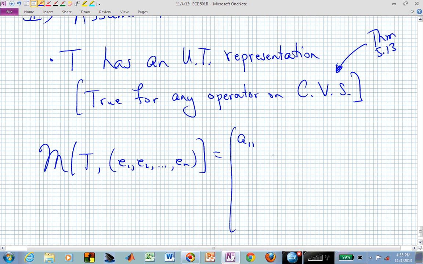That's just this A11, A22, A33, ANN. We have a 0 down here, but over here we have A12, A1n, and all of these other terms.